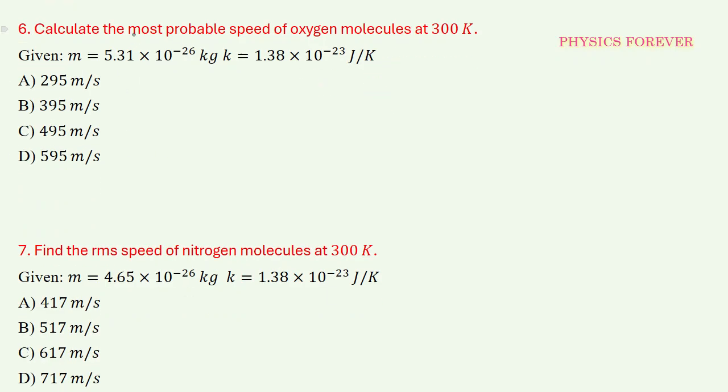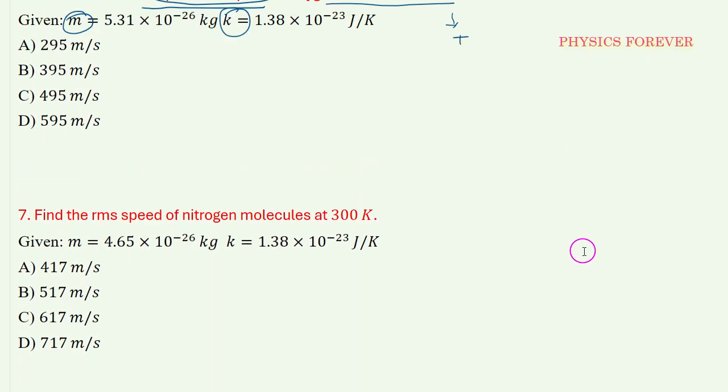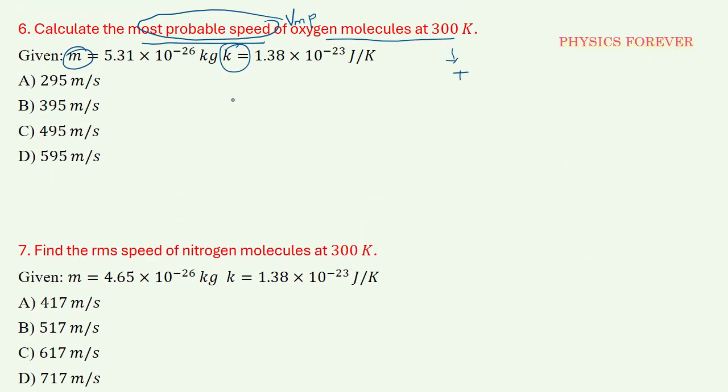Now calculate the most probable speed of an oxygen molecule, where the temperature, the mass and the Boltzmann constant are given. We know the formula for root mean square, but what is the formula for the most probable speed?